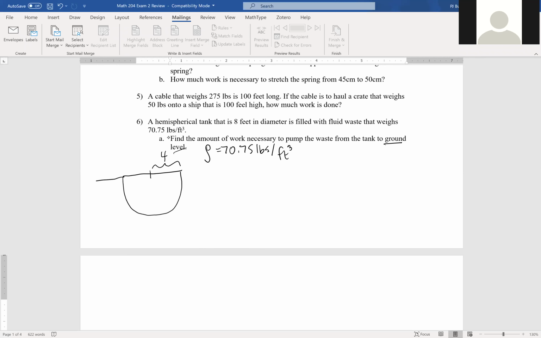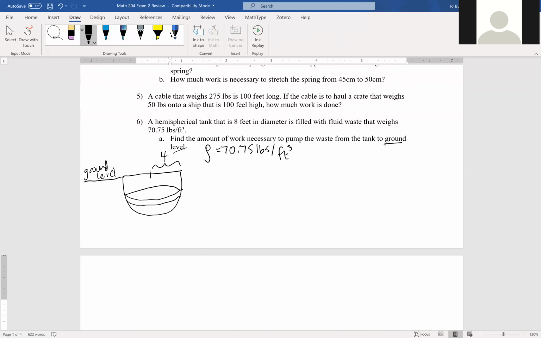So top of the tank is at ground level. We have a slice in here. Let's define this distance as y. This distance here is the radius of the slice. This distance here is the radius of the sphere.